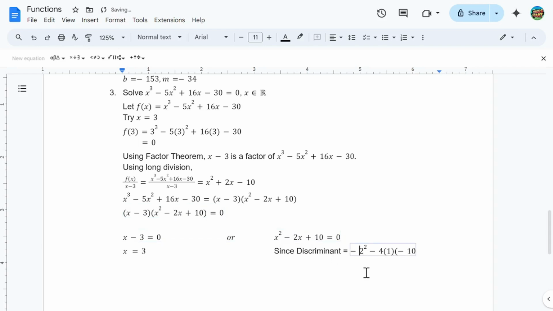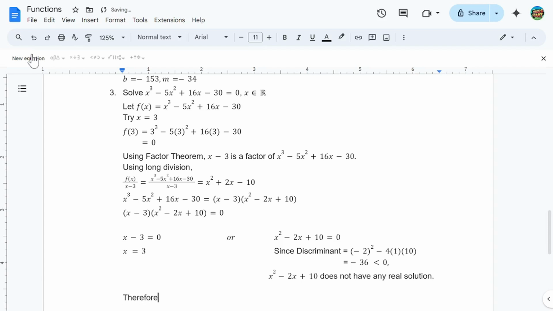So since discriminant is negative 2 squared minus 4 times 1 times 10 equals negative 36, which is less than 0. x squared minus 2x plus 10 does not have any real solution.